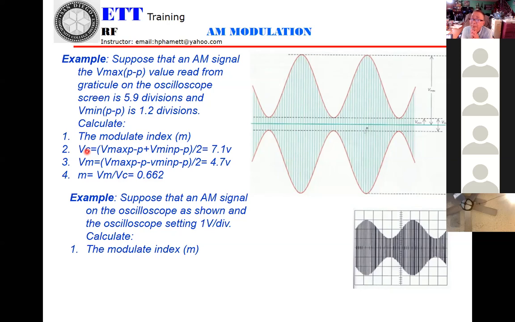That's the index. V max, that means they want us to pick only a half. So that's why they divide by 2.